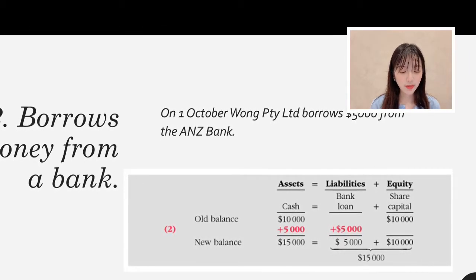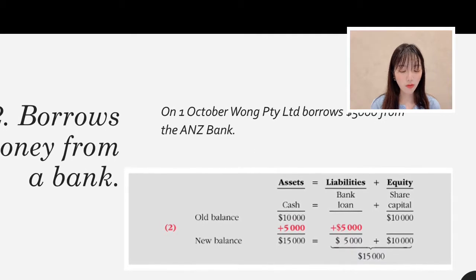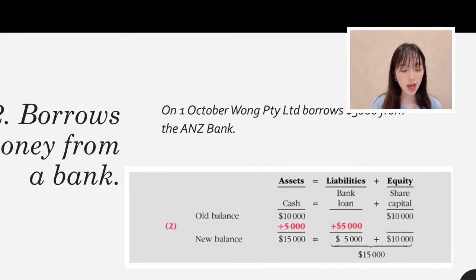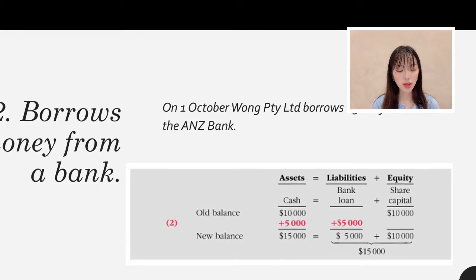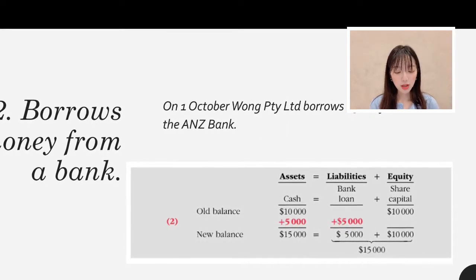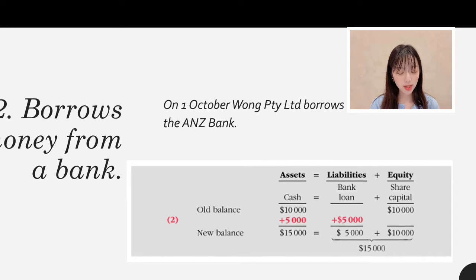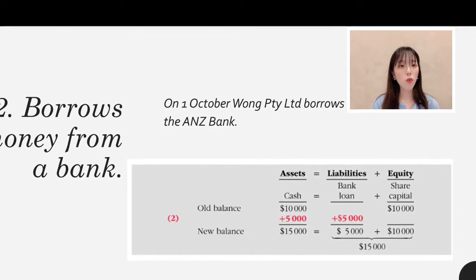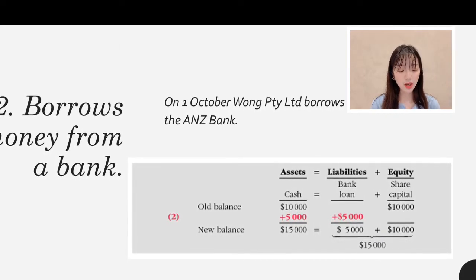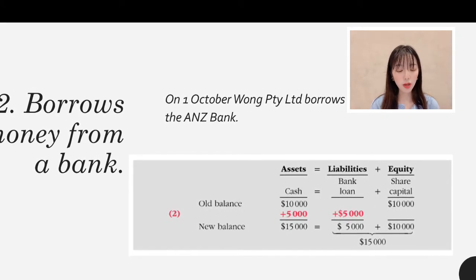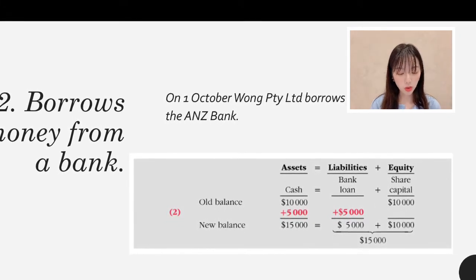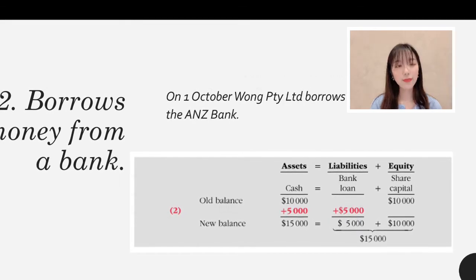The specific effects of this transaction and the cumulative effect of the first two transactions are like this. Note that total assets are now 15,000 and equity plus the new liability also total 15,000.